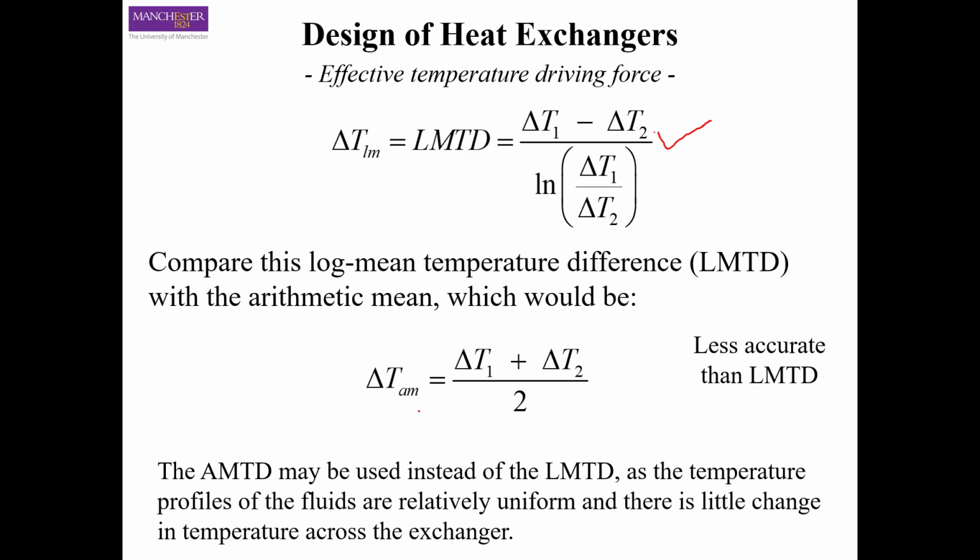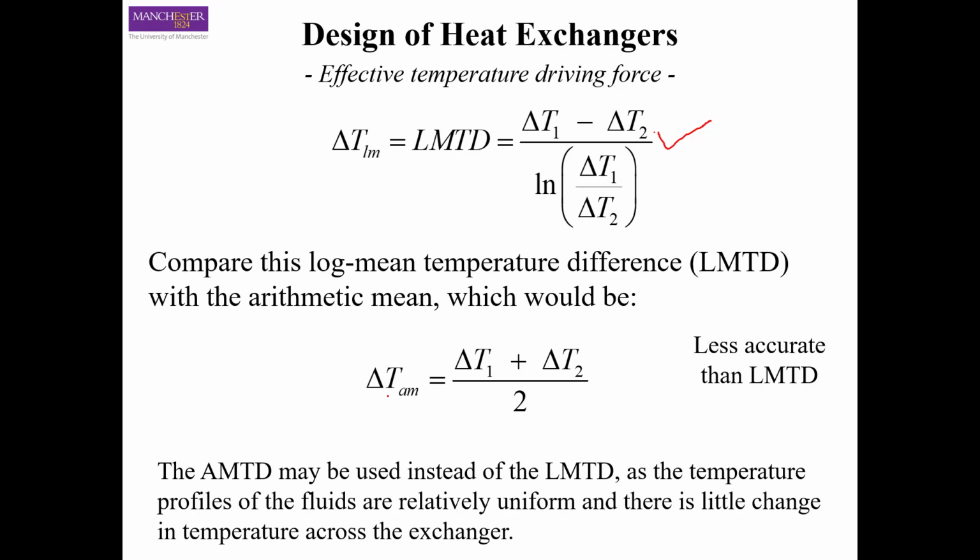So the cases where we use arithmetic mean temperature difference is when you are doing a simple hand calculation, and you don't want to calculate logs of these temperatures, you just take the average. In that case, we just want to give an approximation of your delta T, so we use arithmetic delta T. The other situation is when the fluid temperatures of the two fluids in the heat exchanger are not changing much from the entrance to the exit.